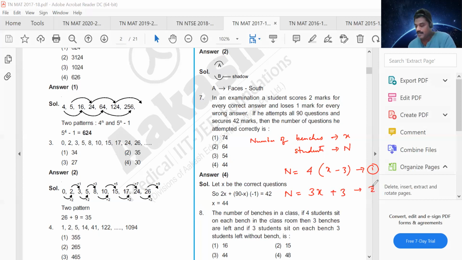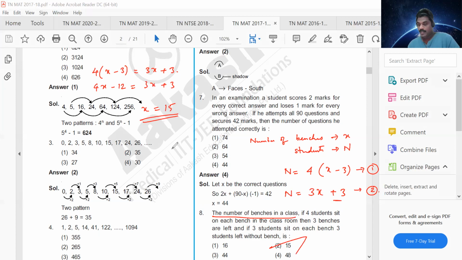That is equation number 2. Both are talking about the number of students only, so we will equate them. Upon equating, 4 into (x minus 3) will be equal to 3x plus 3. Number of students, that is 3x plus 3, not y plus 3. So 4x minus 12 equals 3x plus 3. That would mean x equals 15. So the number of benches in the class is 15.